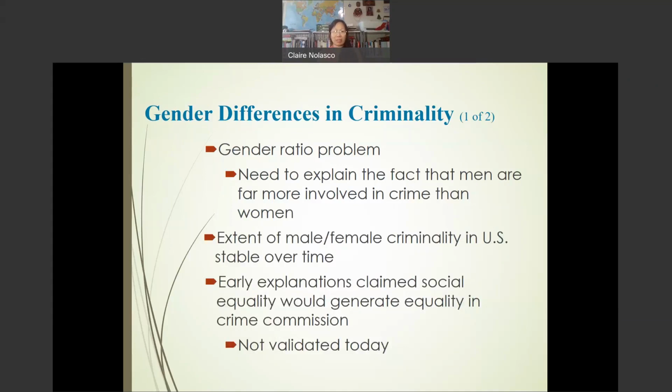Early explanations claimed that social equality, meaning the equality between men and women experienced in modern society, would also generate equality in crime commission, meaning that women would also increase their criminality. However, this has not been validated, and today, women are less involved in crime compared to men in figures that are not commensurate to the level of women in the general population.